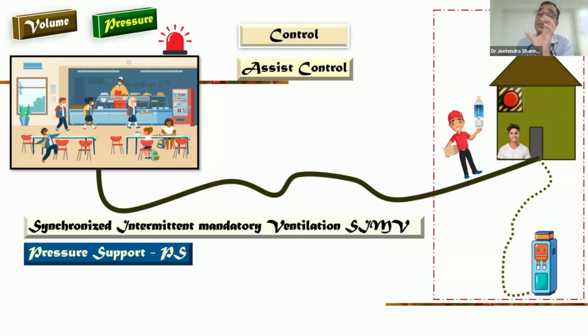Backup ventilation means if the patient doesn't trigger up to a certain time period, we can fix it like 30 seconds, 40 seconds, 1 minute maximally, because the ventilator doesn't allow according to your wishes. Minimum you can go for 15 seconds. If the patient doesn't trigger anything, then assist control will be activated.